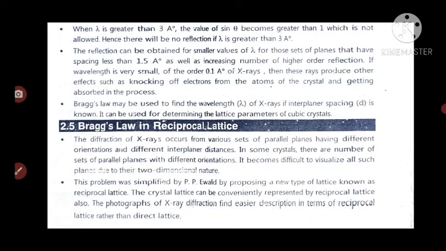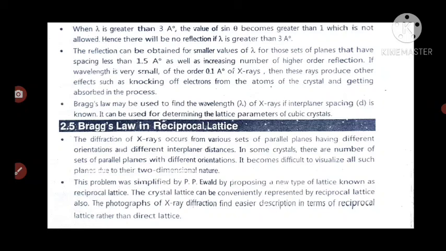Reflection can be obtained for smaller values of lambda and for sets of planes with spacing less than 1.5 angstrom unit, and the number of higher order reflections increases if the wavelength is very small, that is n equal to 2, 3, 4 and so on.